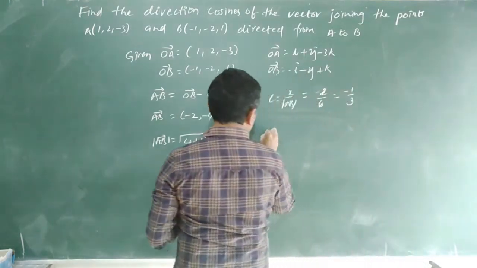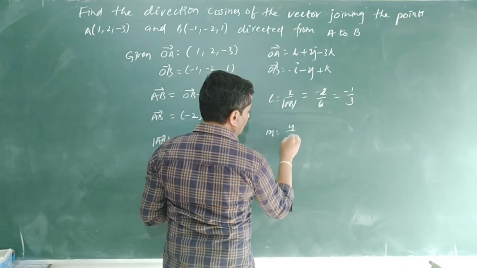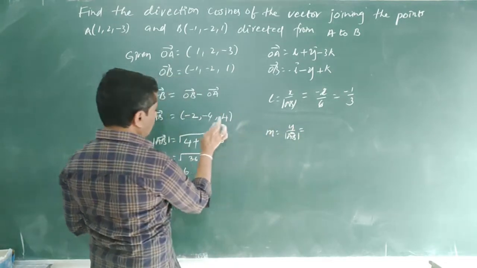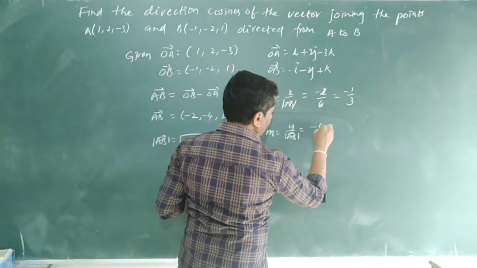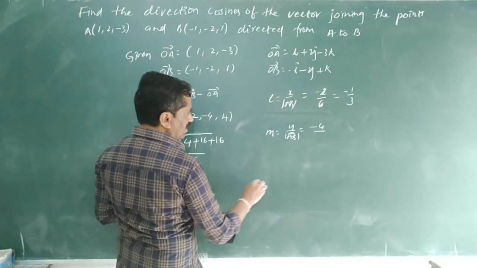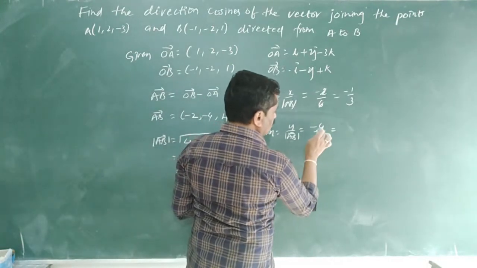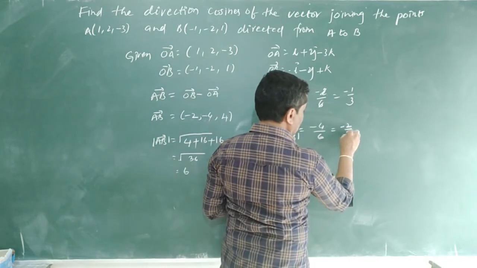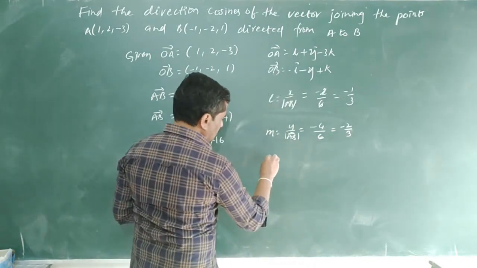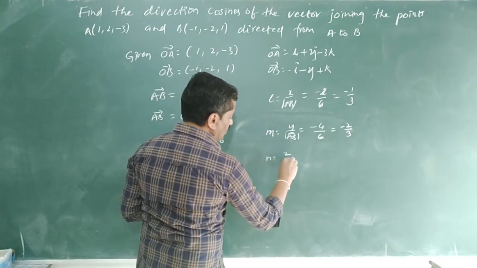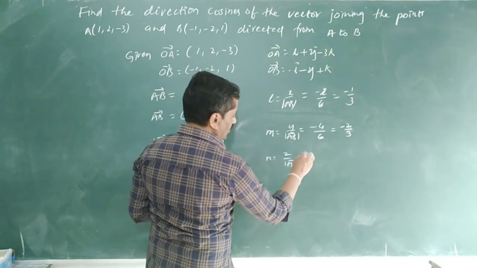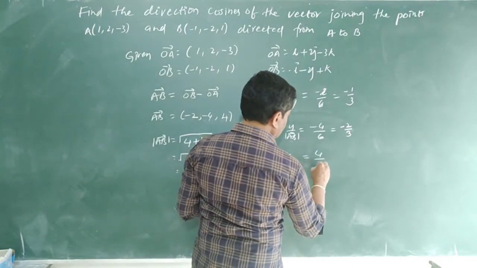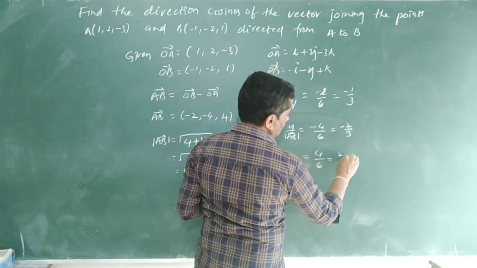Again we have M is equal to y divided by magnitude of AB bar, that is minus 4 divided by 6, that is minus 2 divided by 3. Again N is equal to z divided by magnitude of AB bar, that is 4 divided by 6, that is equal to 2 divided by 3.